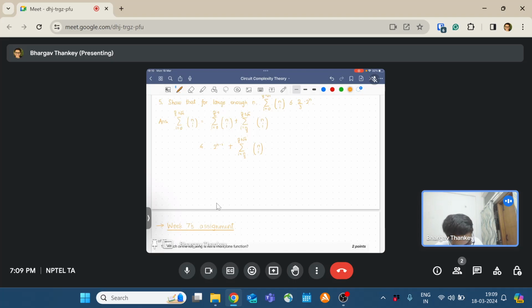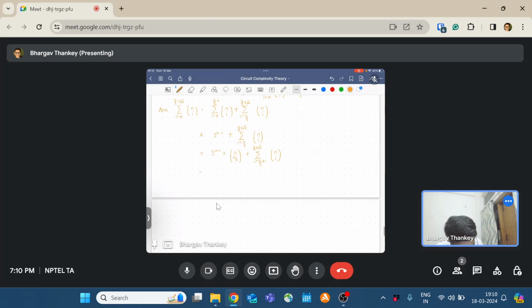Okay, so now what I can do is write this as 2 to the n minus 1. Okay, let me not split.